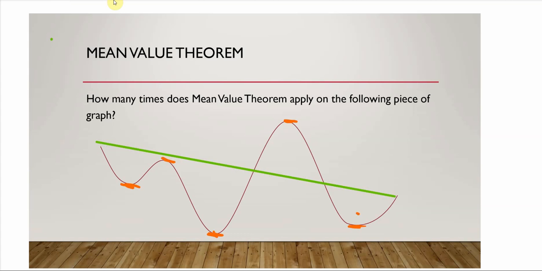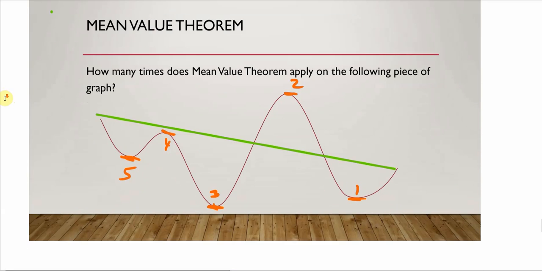So the answer is 1, 2, 3, 4, 5. So the mean value theorem applies 5 times on this piece of graph. It is not always going to be 5 times. The mean value theorem says at least 1. For sure 1. And in this case, there were 5 of them.